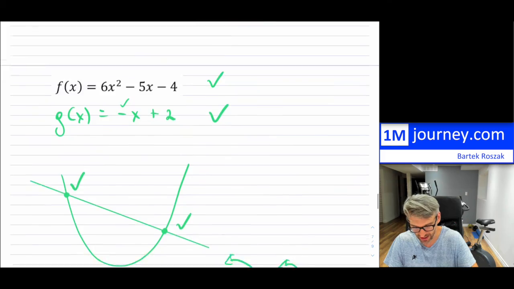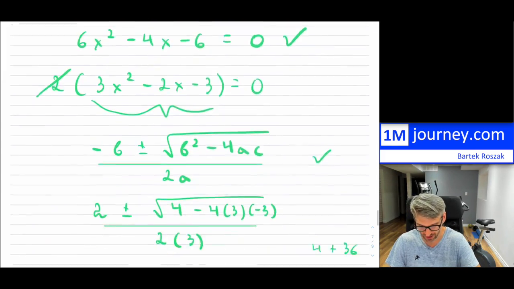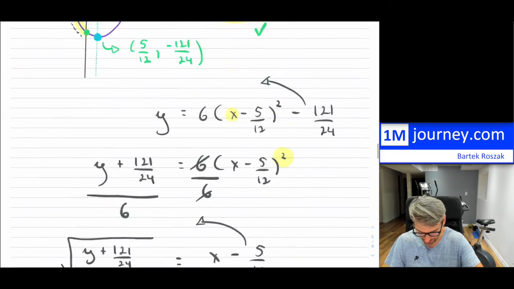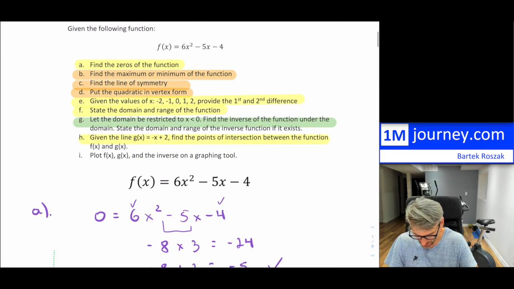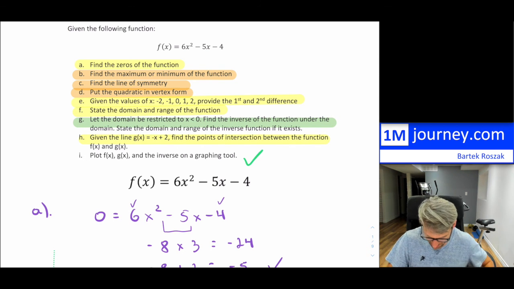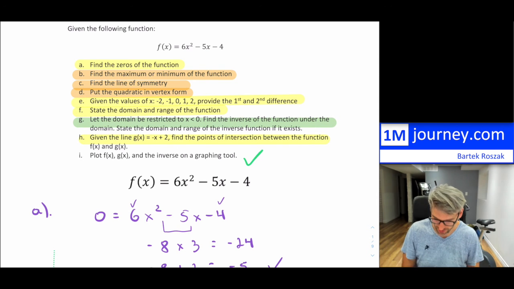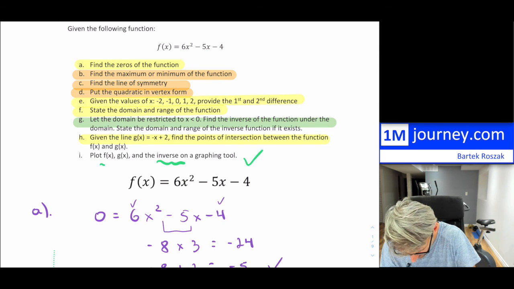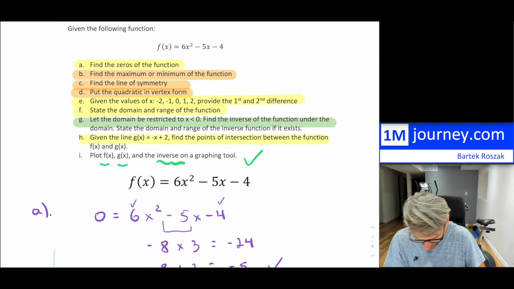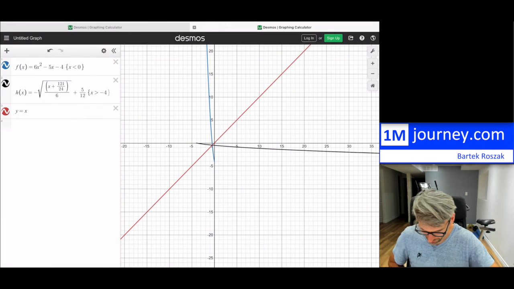So we found the x values and then the y values. You know what I'm going to do is, I think it asks us to plot. Plot, okay, good. So plotting, well, the inverse we've already plotted, f of x we've kind of plotted. Now g of x. So let's plot that, and then let's see what those values are.